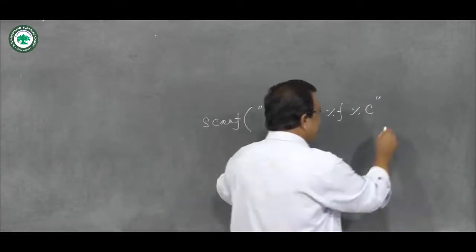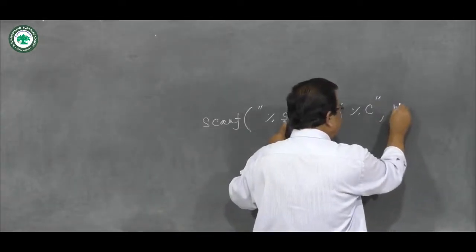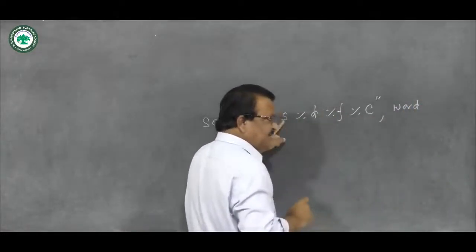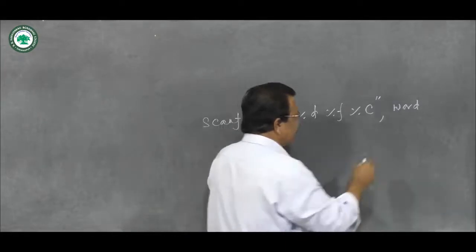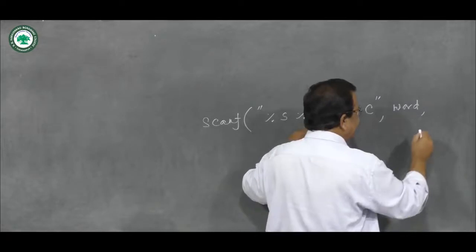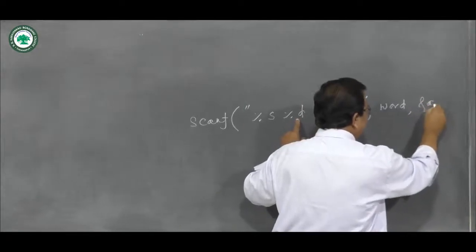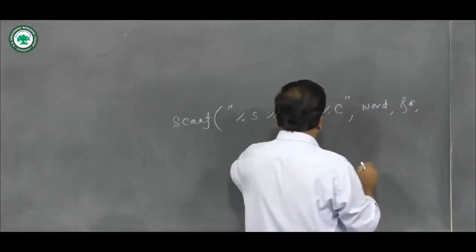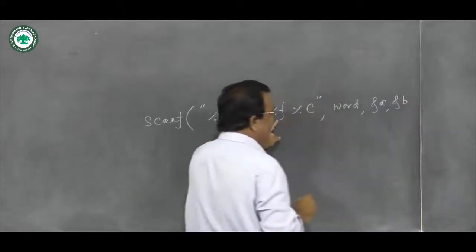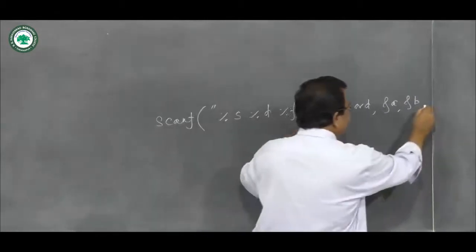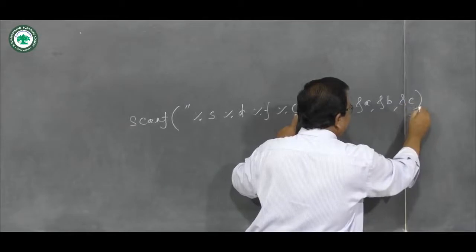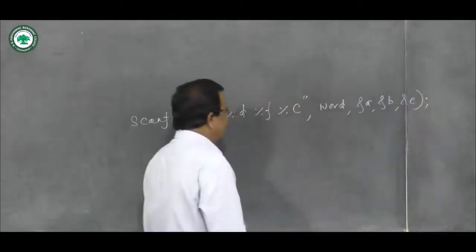So for %s, I am writing comma word. This corresponds to the first character group. Then corresponding to %d, the second character group, I have &a. For the third group, the corresponding data item or argument is &b, and for %c, the corresponding argument is &c, and then a semicolon.